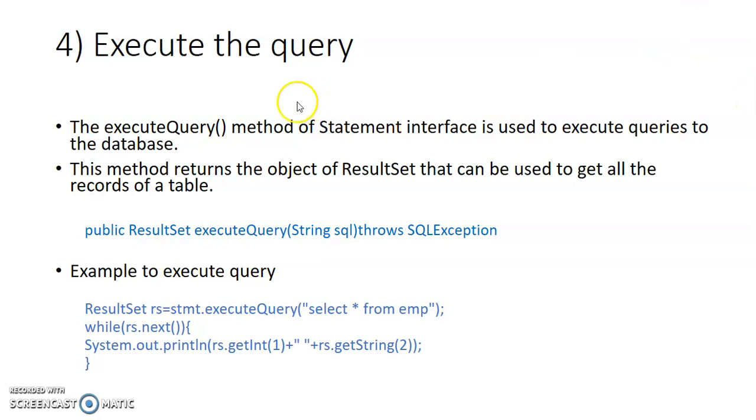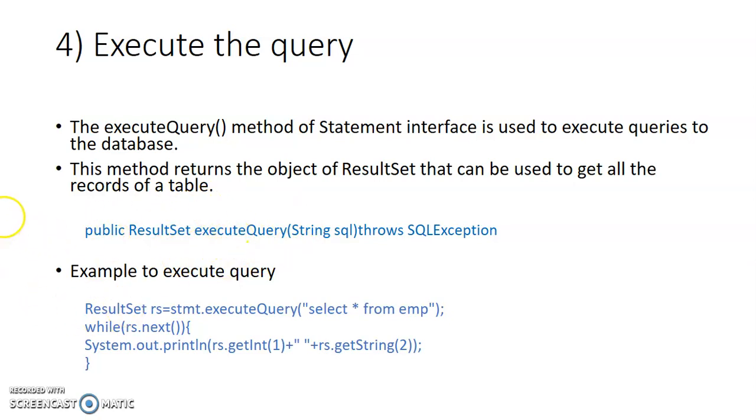The executeQuery method of the Statement interface is used to execute queries to the database. Check out now, the Statement interface contains the executeQuery method. This method returns the object of ResultSet that can be used to get all records of a table. The syntax for the executeQuery method is public ResultSet executeQuery.